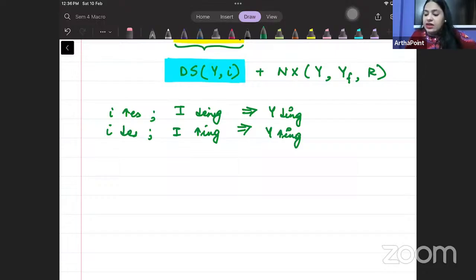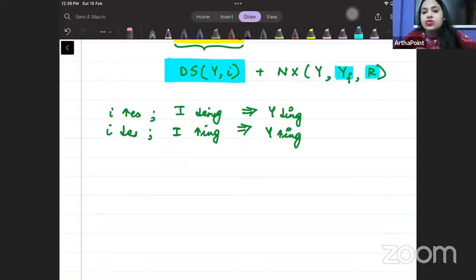Our exchange rate is also affecting our IS curve now, and the foreign income is also affecting our IS curve. Y was already there in the IS curve, but now it is also being affected by the exchange rate and the foreign income. Clear?